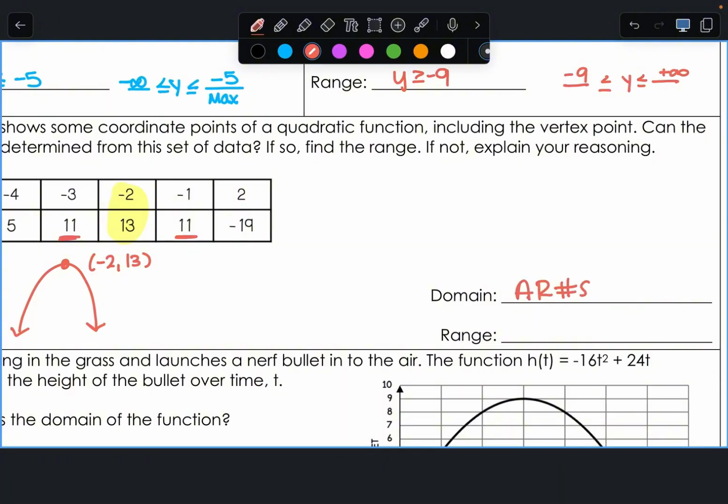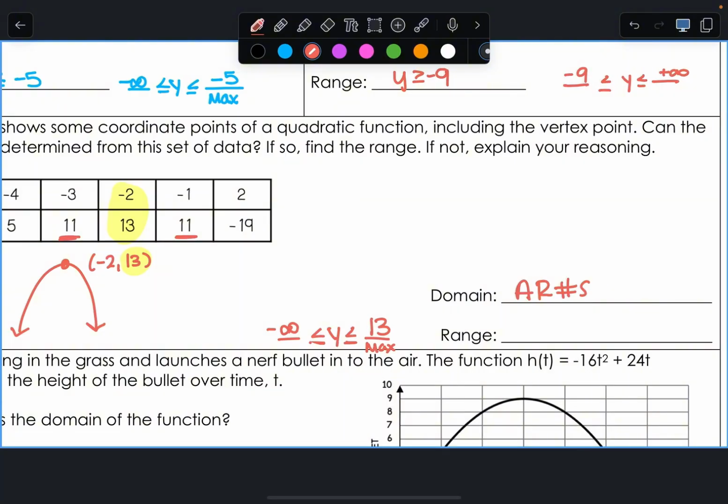The range is the one that's affected. So this is a maximum point. Where would we put this 13, on the left or the right? On the right. Your max always goes on the right. That means the other side will be infinity.